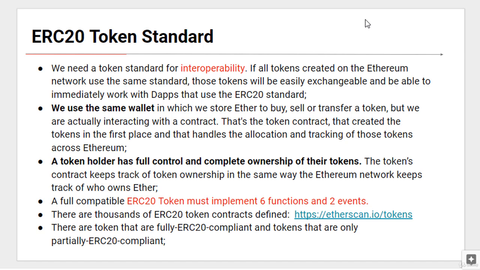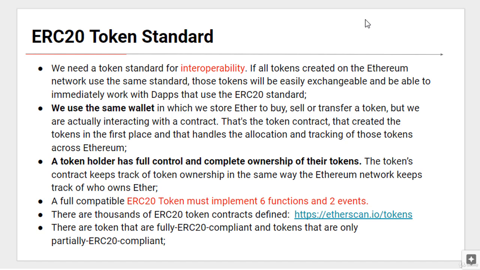A token holder has full control and complete ownership of their tokens. The token's contract keeps track of tokens' ownership in the same way the Ethereum network keeps track of who owns Ether. A fully compatible ERC20 token must implement 6 functions and 2 events.